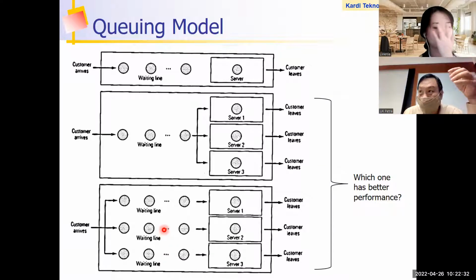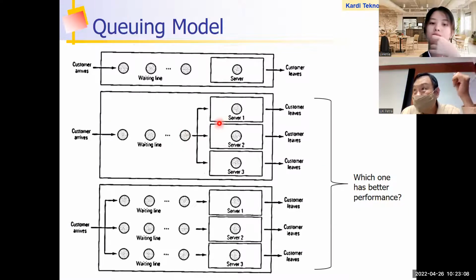But in terms of queuing time, this is probably better. But again, that depends on the distance between this queue and the server. If the number of servers is very big and you have only a single waiting line like this, and the walking distance is too long, that will deteriorate performance, because the customer needs to walk from the waiting line to the server.